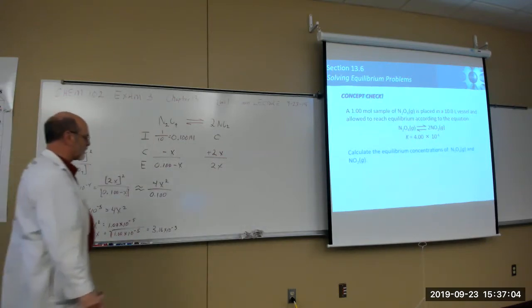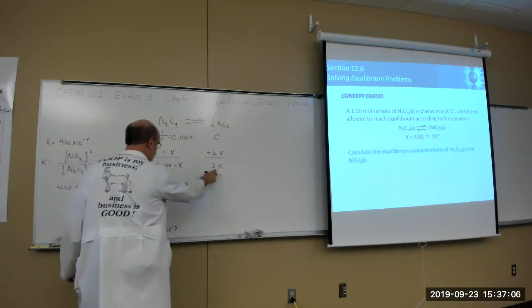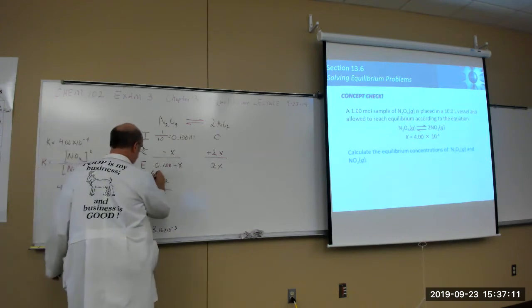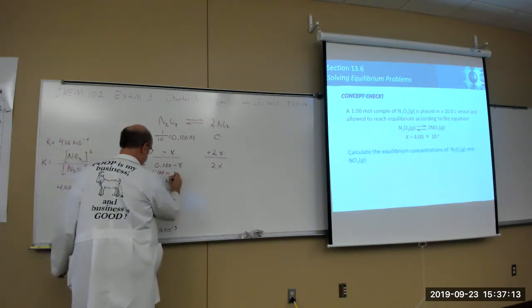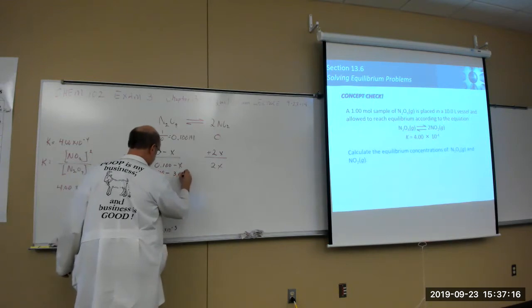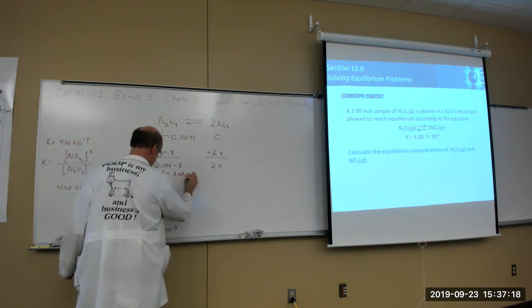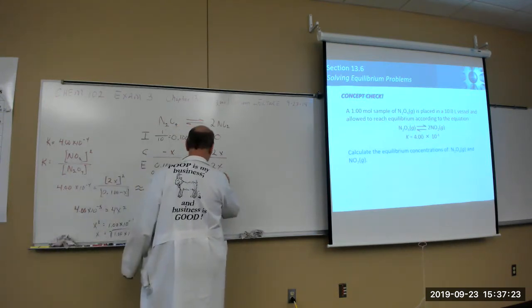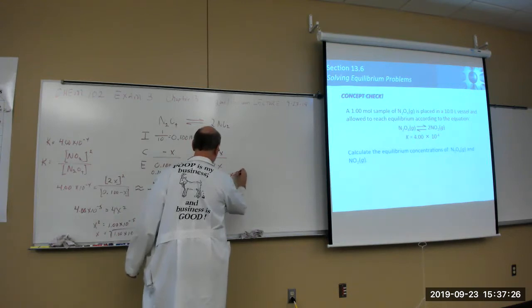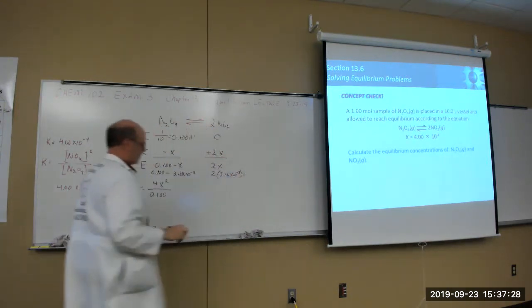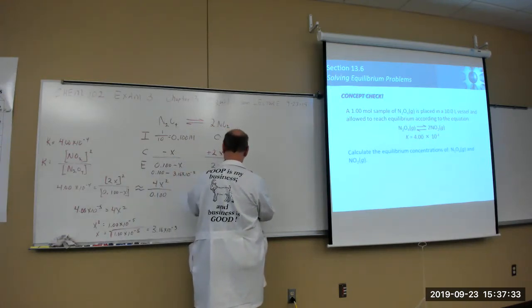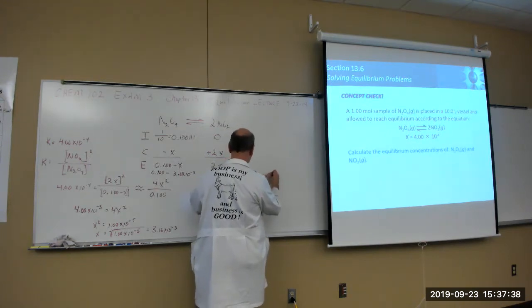In order to do the 5% rule, we've got to know what this value is, and that value is based on this value. So 0.1 minus 3.16 times 10 to the minus 3. And this one is 2 times 3.16 times 10 to the minus 3, so this one would be 6.32 times 10 to the minus 3.